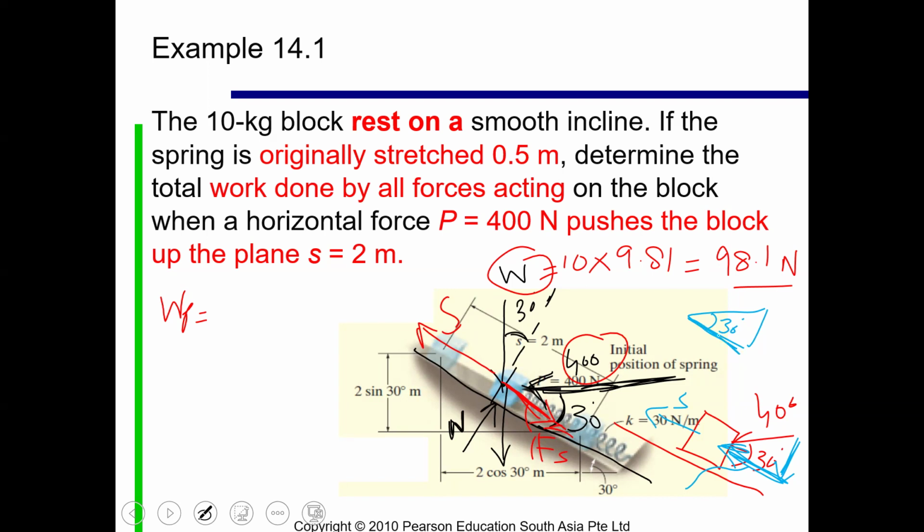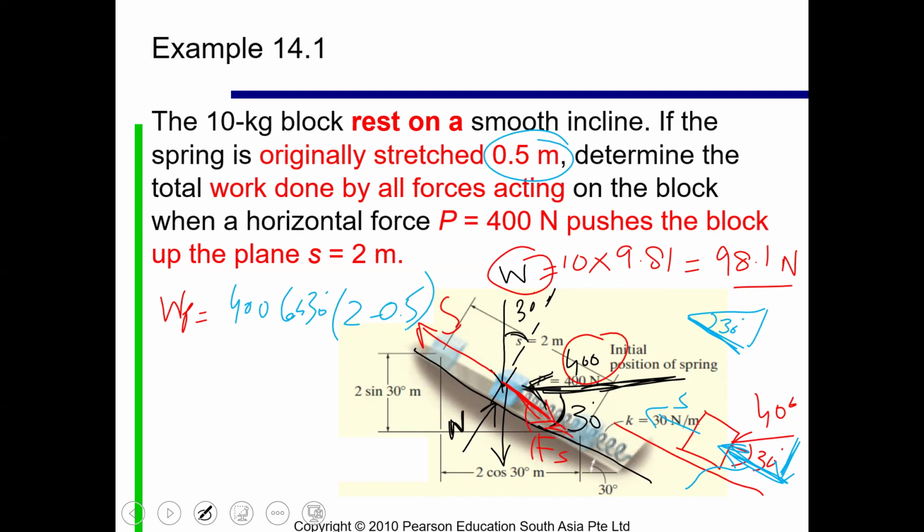If I write the work done now, it should be 400 into cos 30, and what is the distance involved? If you remember, it was S2 minus S1. So S2 here is 2, the final position, minus the initial position 0.5, right?